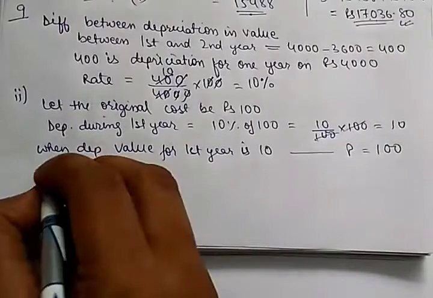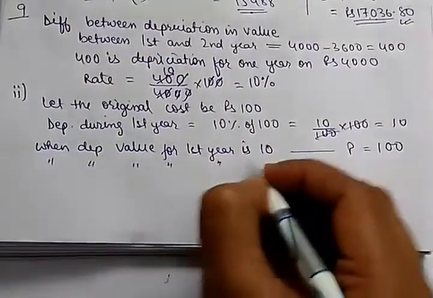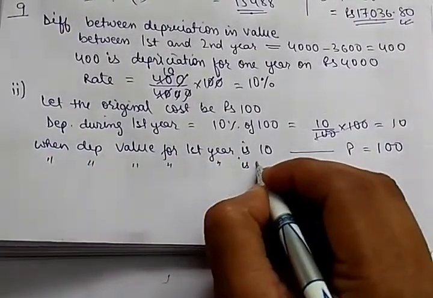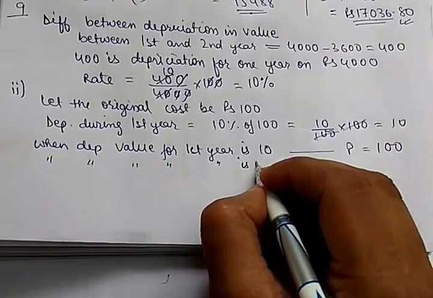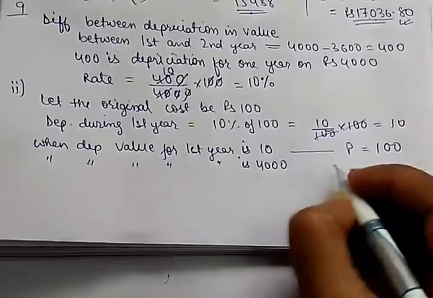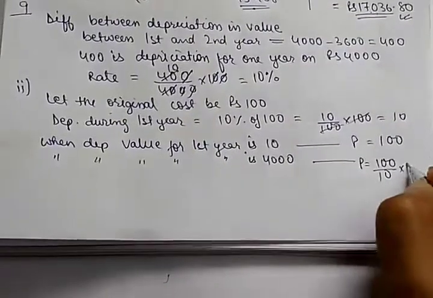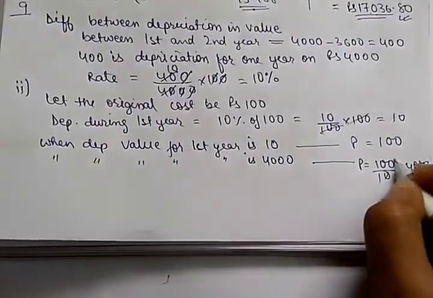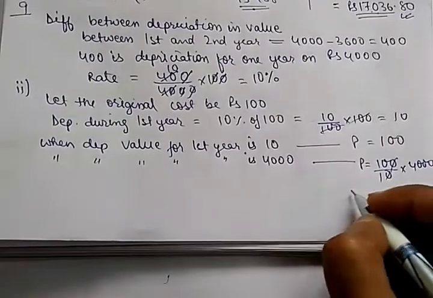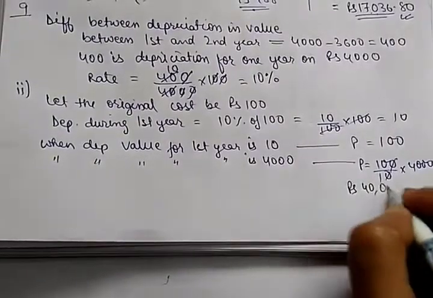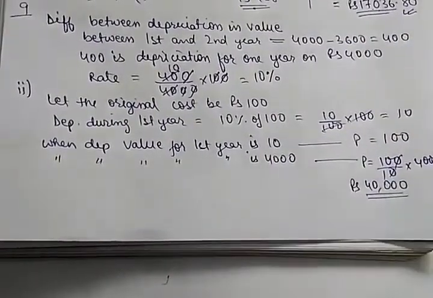In the question it is given, when the depreciation value of first year is rupees how much? 4000 for the first year. So the principal will be equal to 100 by 10 into 4000.